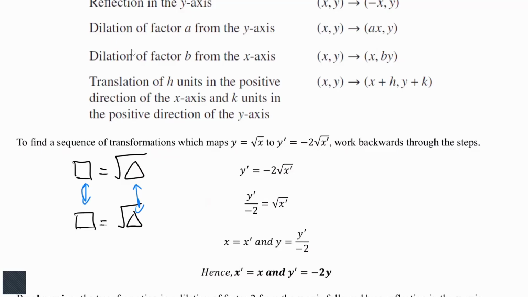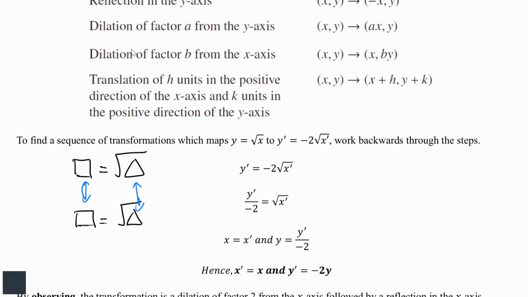If I divide everything by -2 in my equation of the transformation, y dash over -2 equals square root of x dash. Now the graph of the transformation is in the form something equals square root of something else, and now we can match: left-hand side equals left-hand side, right-hand side equals right-hand side.